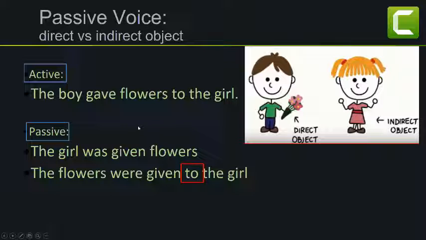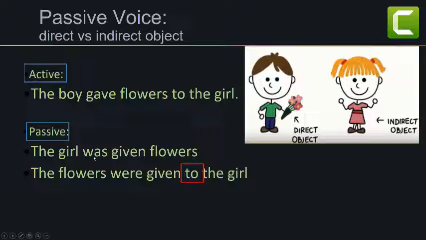Sometimes we can see some sentences in which there are two or more objects. Like in this sentence, the boy gave flowers to the girl. When we want to change it into the passive voice, we use it in two ways.